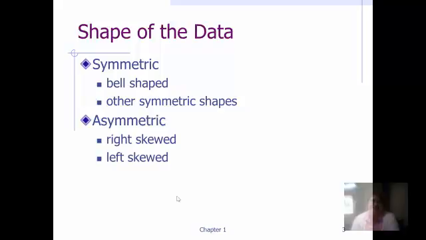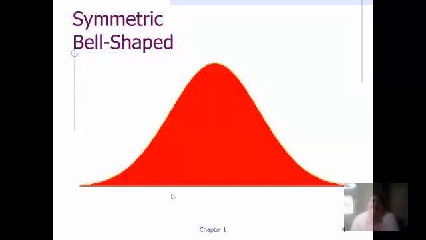And then we have unimodal. A mode is a data point that occurs the most often. Unimodal means it has one peak, and bimodal means it has two peaks. And we'll look at a data set later in the slides that we can describe as bimodal.